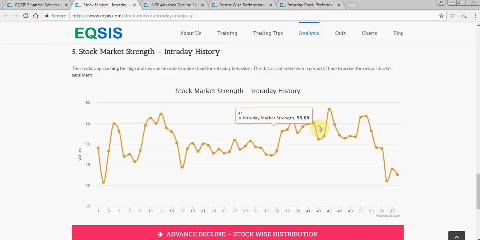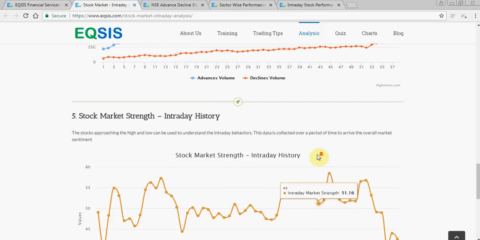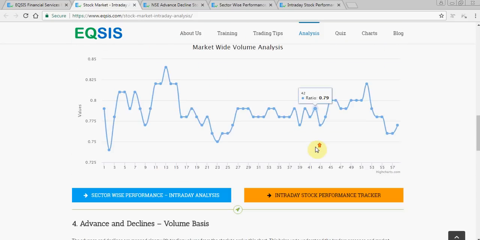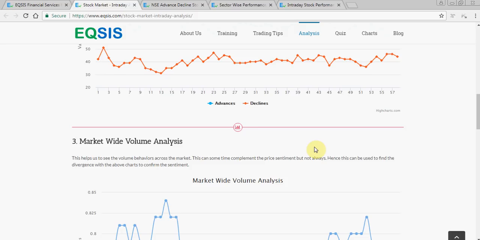So we really want to know whether the stocks were placed nearer to the high or nearer to the low. There are hundreds, thousands of stocks. Out of 100 stocks, if 70 stocks traded nearer to the high and very few traded nearer to the low, then things are getting better. So by reading this particular page, I am sure you can understand the overall market sentiment.